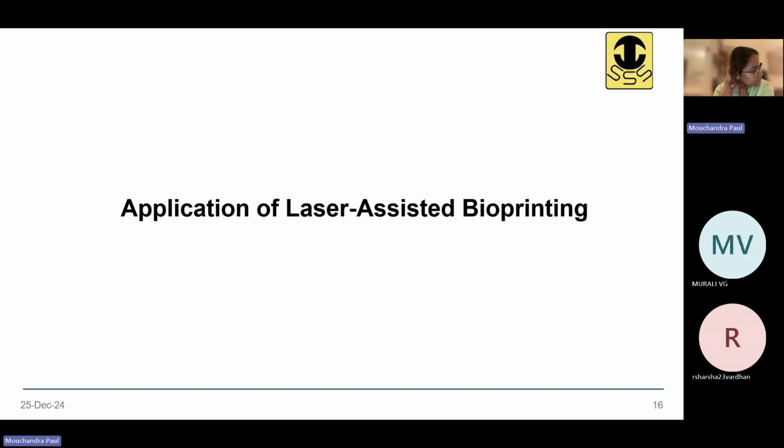I've read that it can give very, very small droplets, much smaller than the inkjet methods that we talked about. But yes, it's complicated. So the system would definitely be complicated to work with, but otherwise it's really cool.